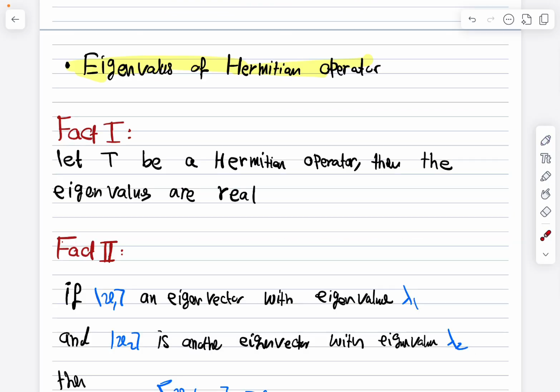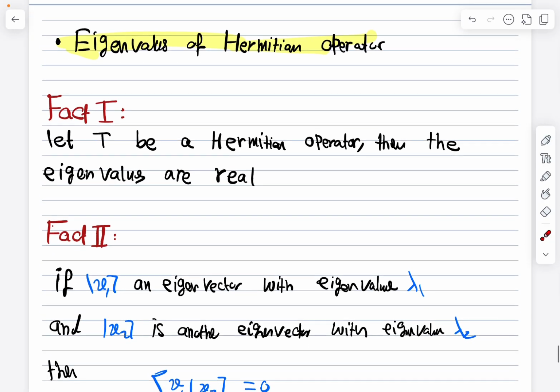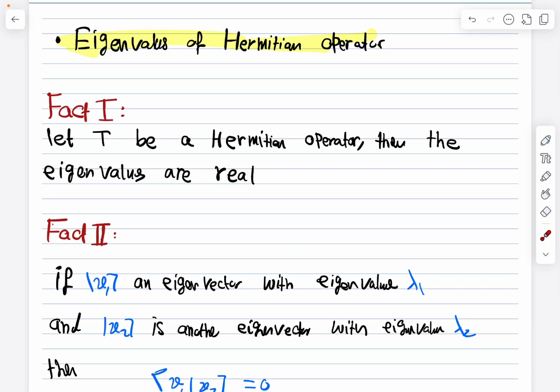So this is just a basic example of how to find the eigenfunctions and the eigenvalues of an operator. Now we reach the eigenvalues of a Hermitian operator. It's a special topic, and it's crucially important in quantum mechanics because, as we will see in chapter 3, the eigenvalue of an operator represents the quantity that we measure. So the first fact is that a Hermitian operator must have real eigenvalues. Otherwise, it doesn't make sense that we measure a complex quantity.